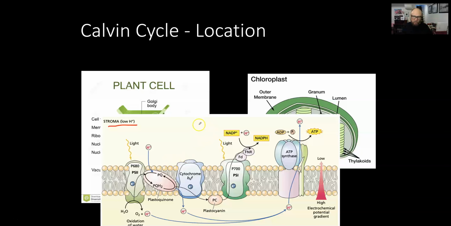The location of the Calvin cycle is important because if you notice, the production of NADPH and ATP are happening as part of the light reactions, but those products are being produced on the stroma side of the membrane. And so what that means is those products that are storing that energy are right there in the same place where the Calvin cycle is happening.